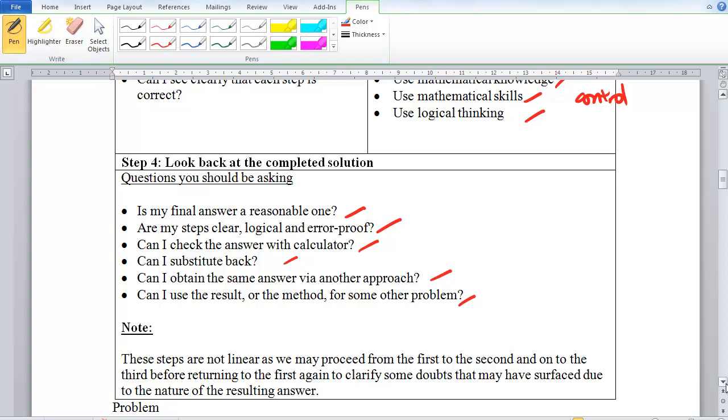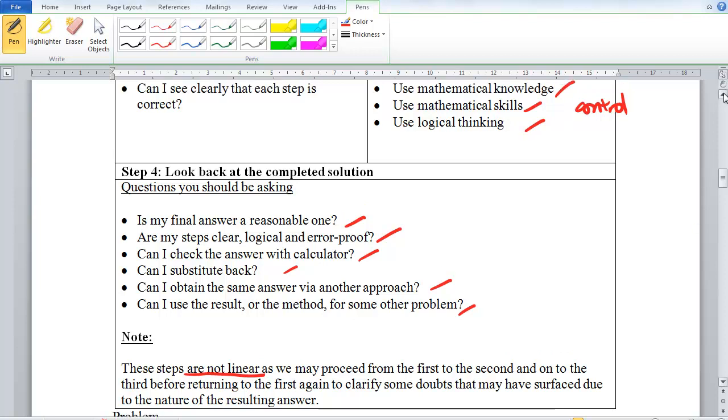Now, when we do these 4 steps of understanding the problem, devising the plan, carrying out the plan, and looking back at the completed solution, please note that these steps are not always linear. Now, what do we mean? Let's say we thought we have understood the problem and we devise a plan to solve the problem.